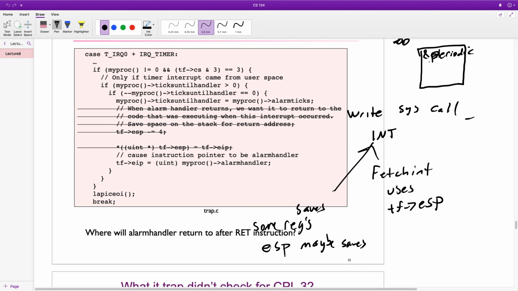So 0 is up here. So we've got periodic here, and what we'd like to do is when periodic returns, we go back to where we were in the alarm. So when periodic returns, it's going to be looking for a return address here, right, on the stack? Because it'll do a return, and it'll pop what's on the stack and go there. So if we could ensure that the stack had a return address where we wanted to go, we'd be set.